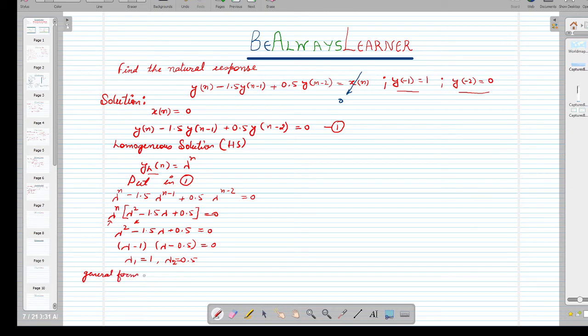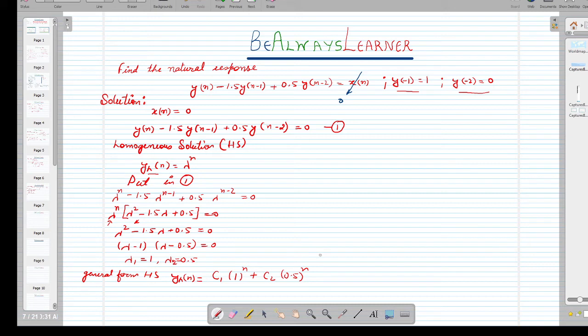General form homogeneous solution, that will be yhn, that is equal to c1, first coefficient, and first root raised to the power n plus c2, second coefficient, multiplied by second root raised to the power n. Now we have to put the value just to find out the value of c1 and c2.